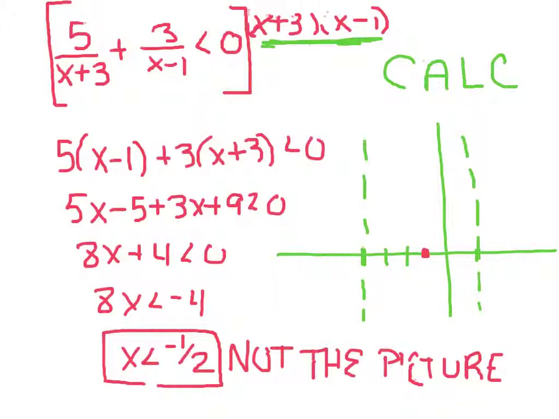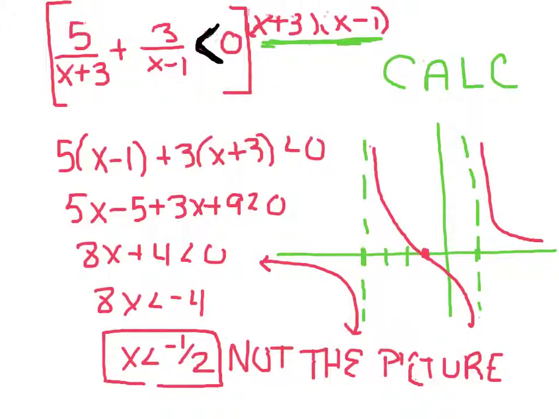But when you sketch this graph on the calculator, it looks like this, and this, and this. And so if you're actually answering the real question, where is this graph less than 0? The answer is over here and right here. And that's not what solving the equation told you.